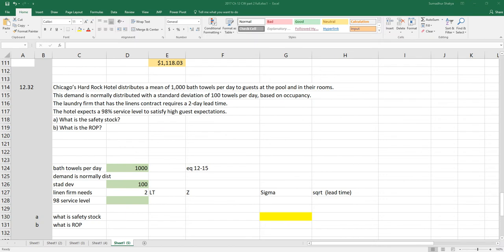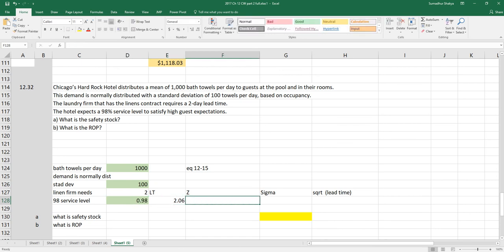or we can also calculate it. So first let me write down 2.06 somewhere. So from the table we get 2.06. Or we can also say, let's say tomorrow if you don't have the z table nearby, then we write down the service level desired in percentage, 98%.